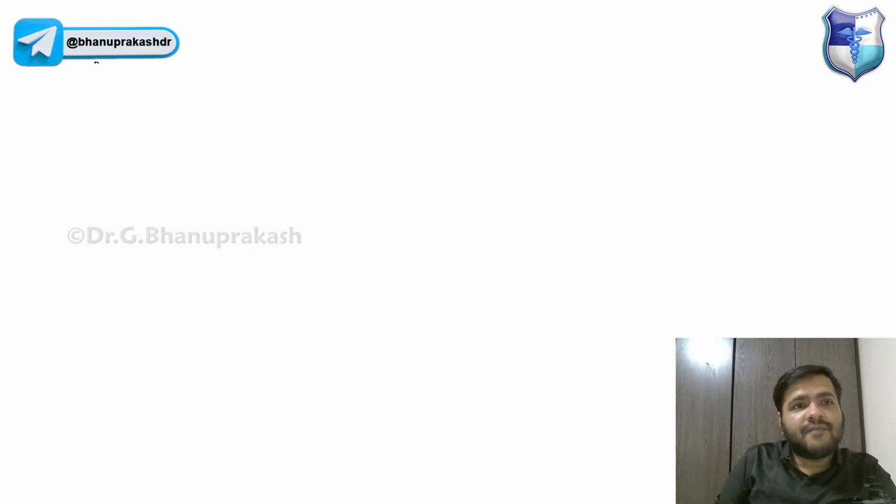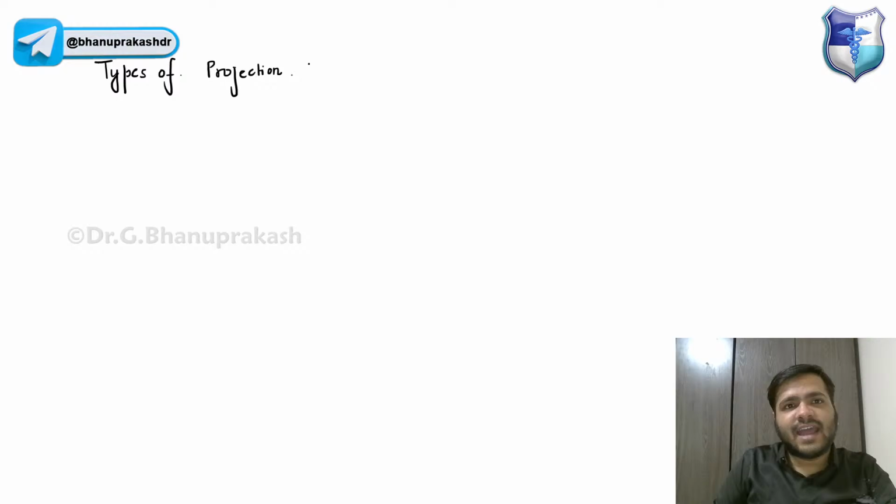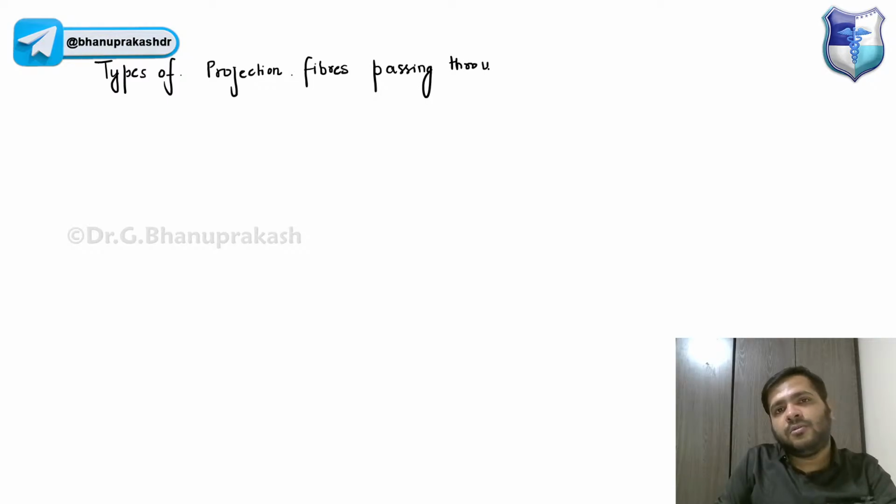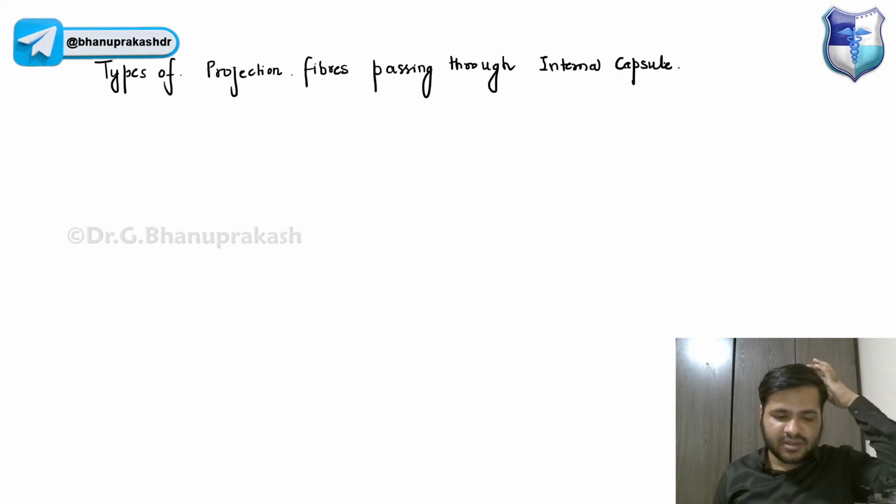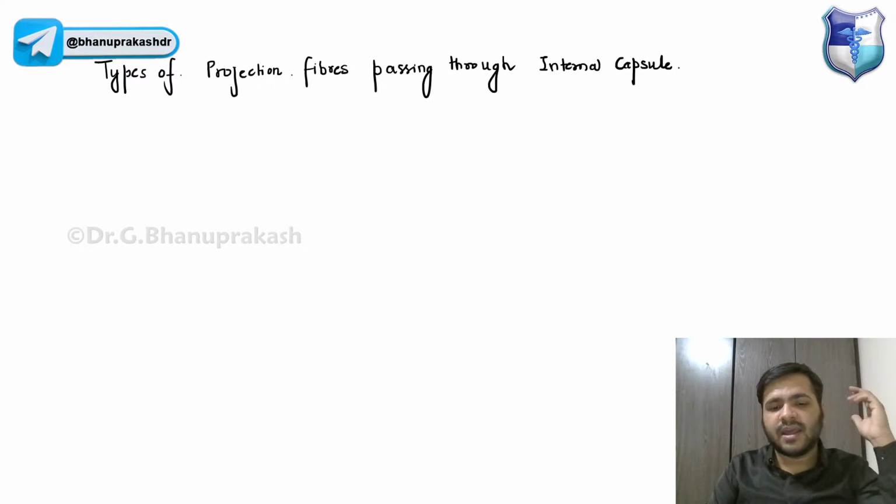So write down, the types of projection fibers passing through the internal capsule.